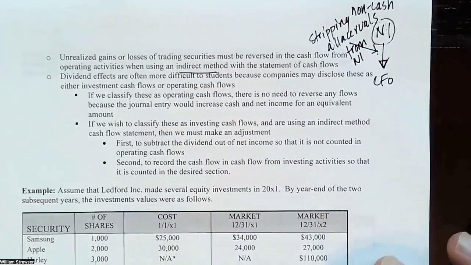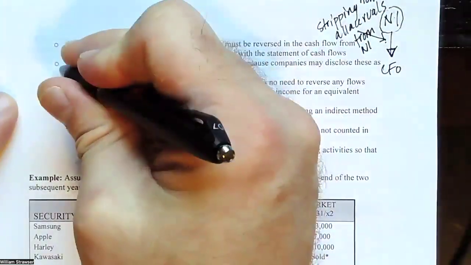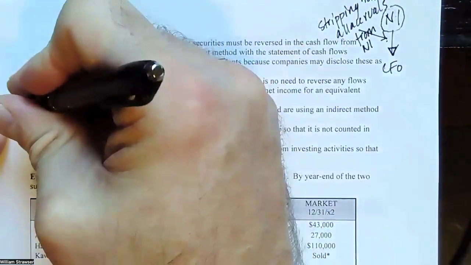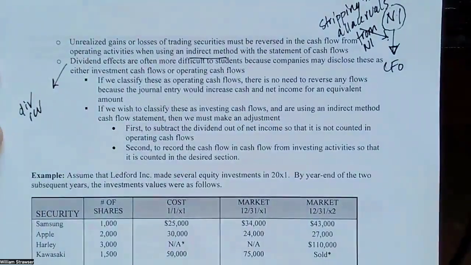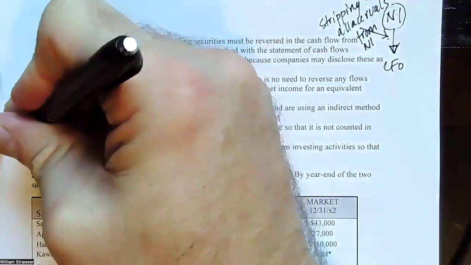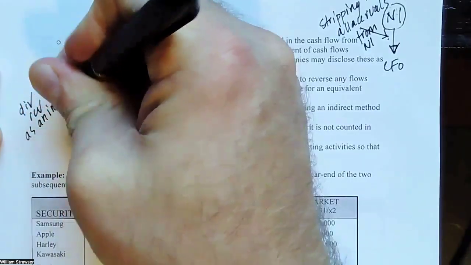Dividends can be a little harder simply because the dividend revenue, and again, remember, we're talking about the dividends that we receive as an owner of the company, not the dividends we pay our shareholders.